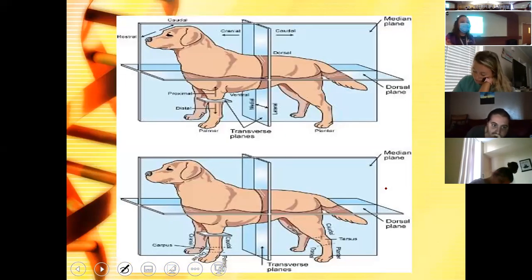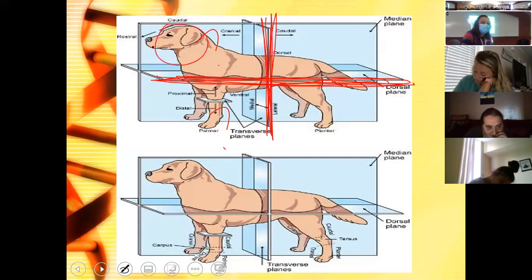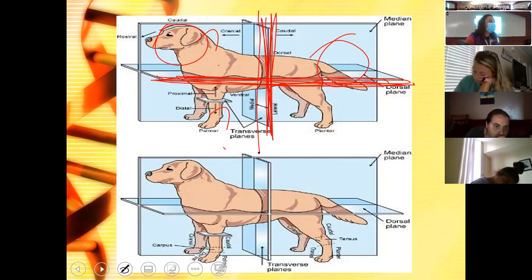There's my puppy dog, quadruped. Do this one more time. Here, separating what from what? Separating back from front. That's my dorsal plane. Here, separating head from tail, transverse plane, and then here, sagittal.